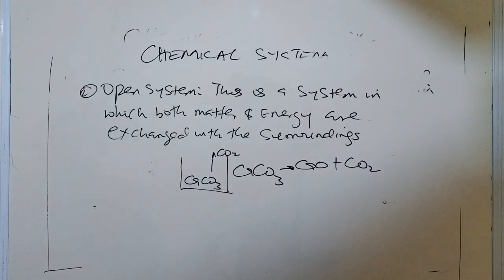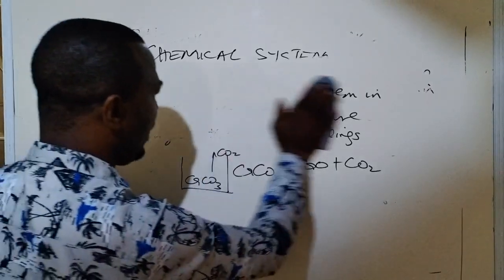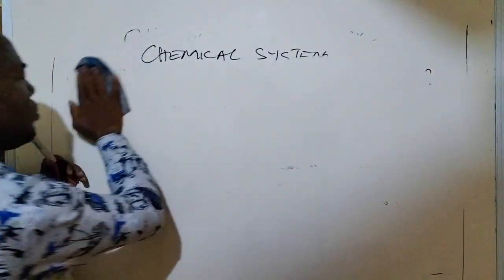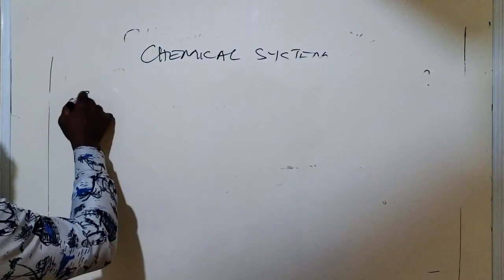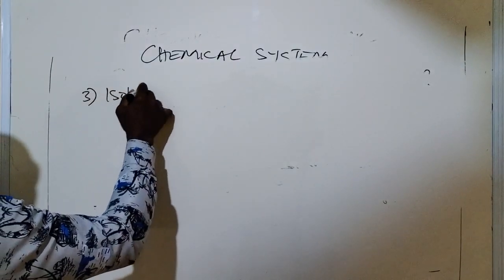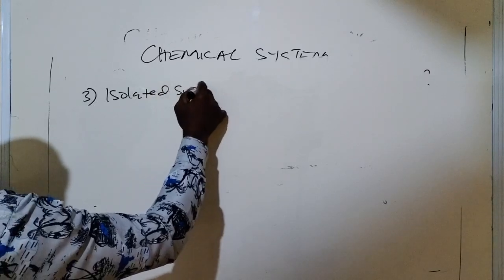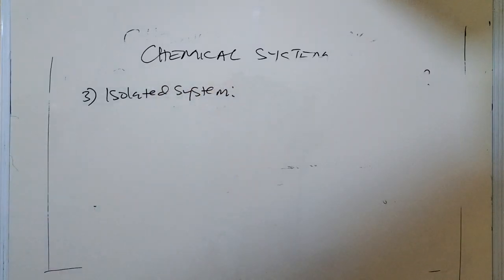The next type of system is called isolated system. In chemistry, closed and open systems are more practicable, so we always come across closed and open systems. Why? Isolated system is mainly used in theory. It's not all that practicable.